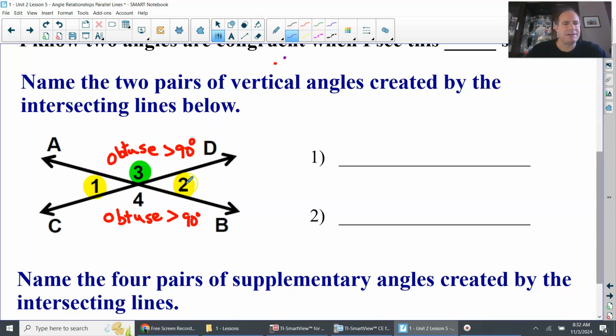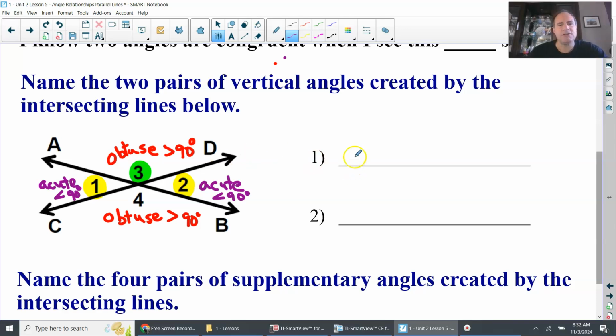Going down to 2 and 1, this is acute, less than 90. And then look at the vertical angle. Vertical to 2 is 1. That is also acute, less than 90. So when you put the angles in and you actually draw what that angle is, say if angle 1 is 30 degrees, angle 2 would have to be 30 degrees. They're equal, they're vertical angles.